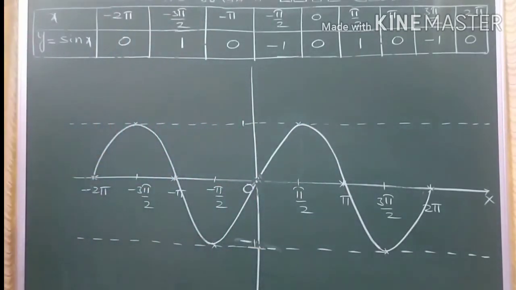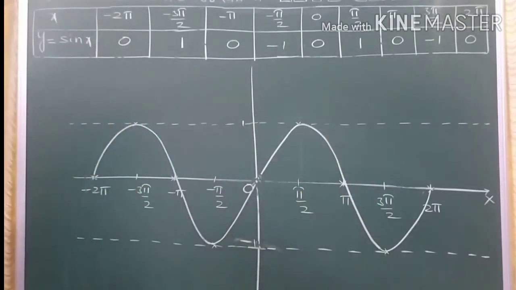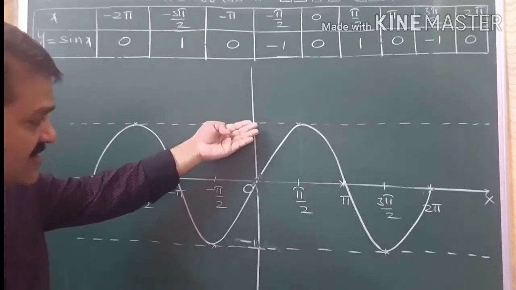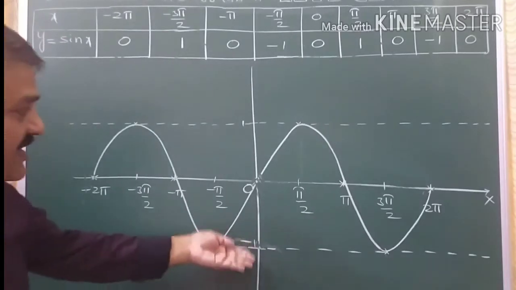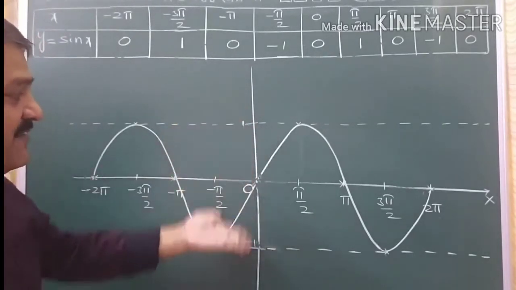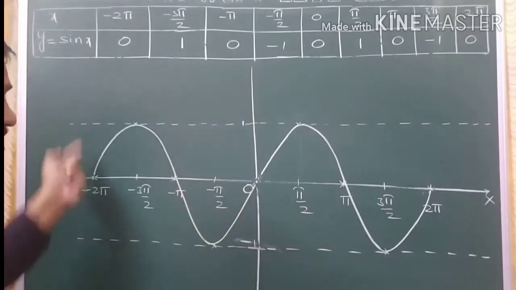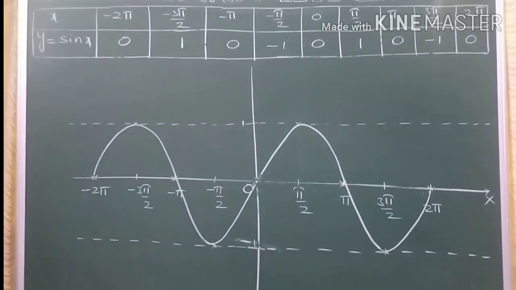So this is the shape of the sine function which you have to remember. Sine function values cannot exceed 1, and cannot go below -1. So sine function values always fluctuate between -1 and 1. The graph always resembles the shape of a wave. Okay, so this is about the sine function.